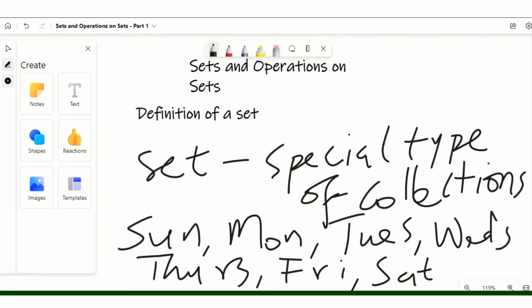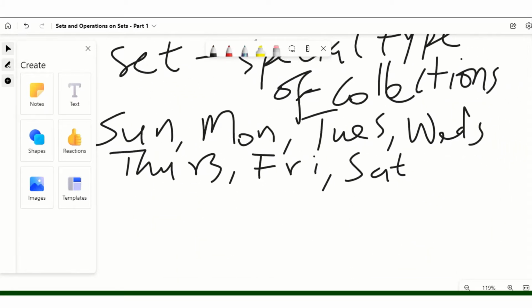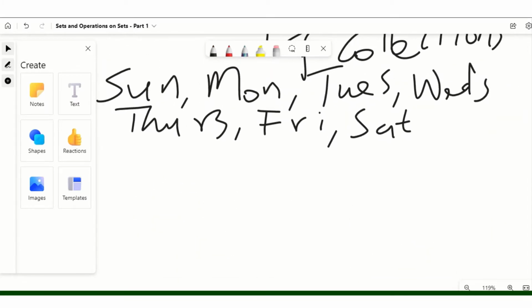So if you look at this collection, they are 7 in number. If I should ask you, what do they have in common? What will you say? Well, you will tell me they are the days of the week, and that will be correct.